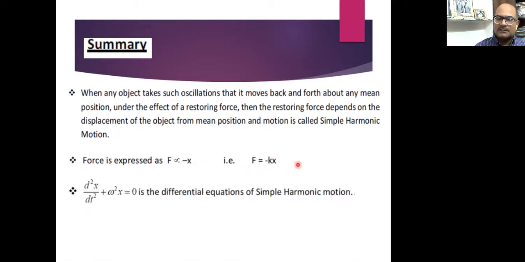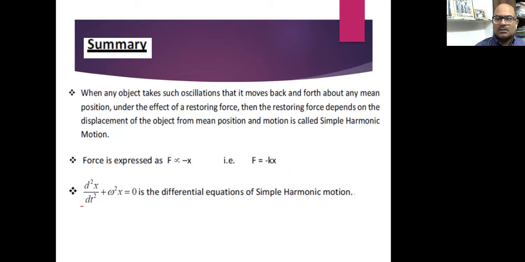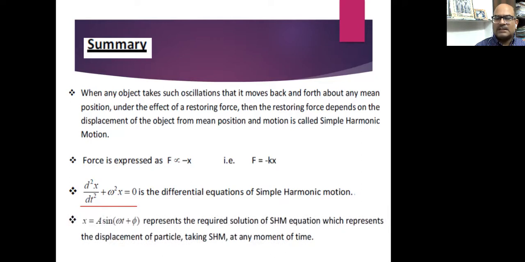F is equal to minus kx, where k is the force constant, and we have d2x by dt square plus omega square x is equal to 0 as the differential equation of simple harmonic motion. This equation we have already solved for its general solution: x is equal to a sin(omega t plus phi). So this is the general solution of the equation of simple harmonic motion.